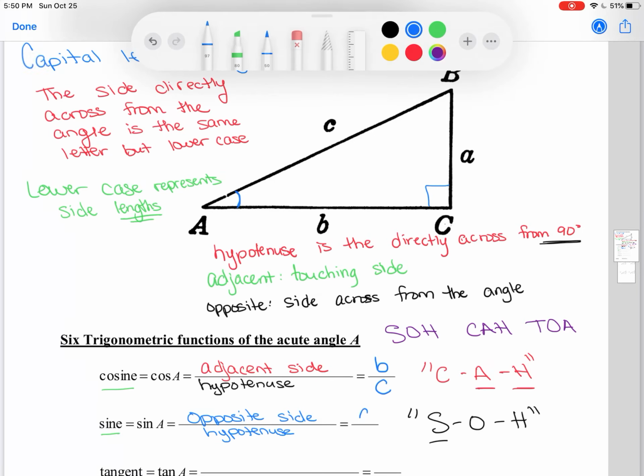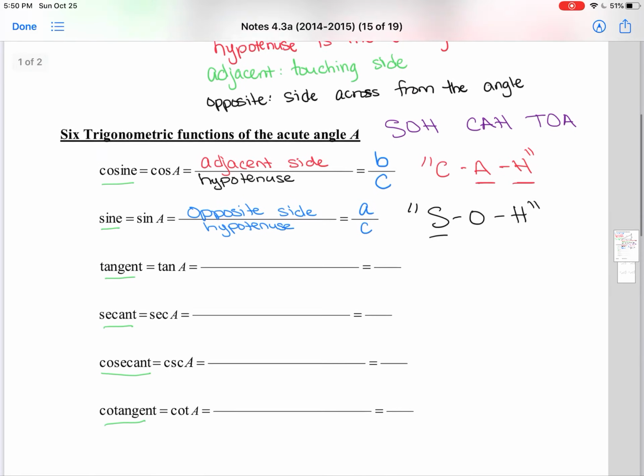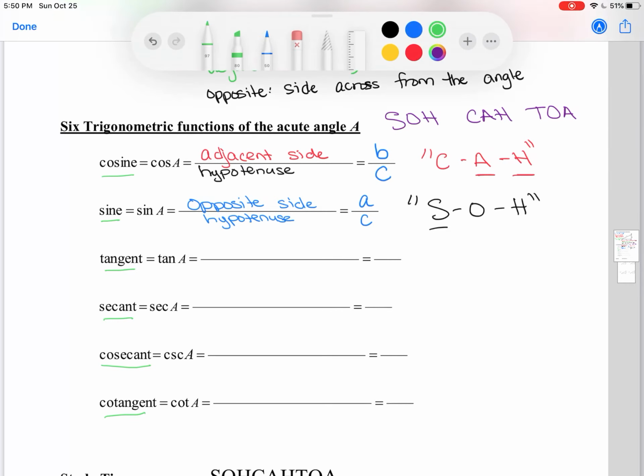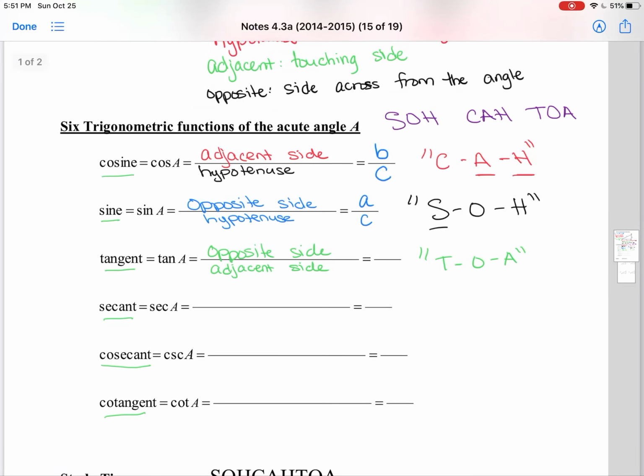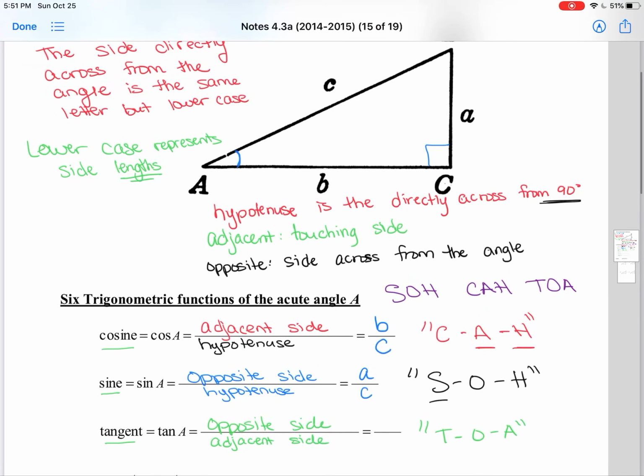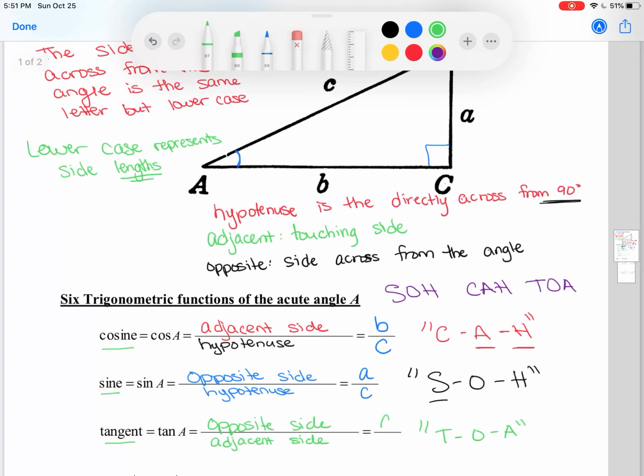Looking back up at my picture, same angle, angle A, my opposite side to angle A is lowercase a, and my hypotenuse again is c. And we'll fill out the next one. We have tangent. Tangent is the TOA. So we have to remember that it's the opposite side first, followed by the adjacent side.